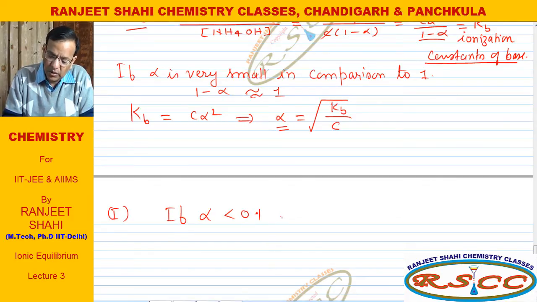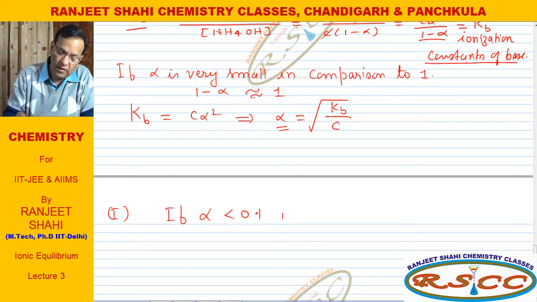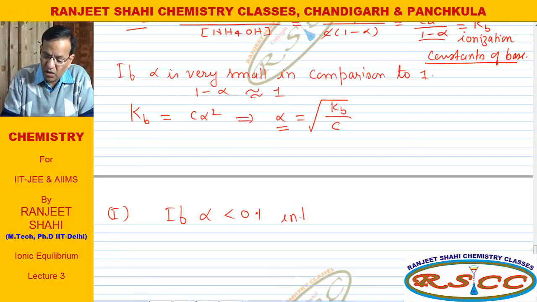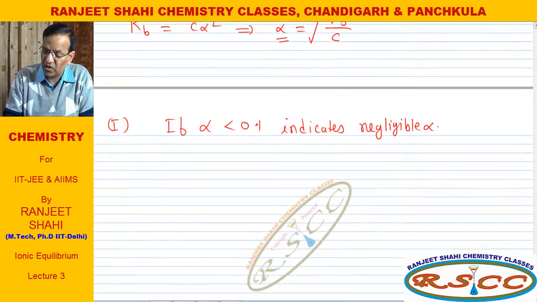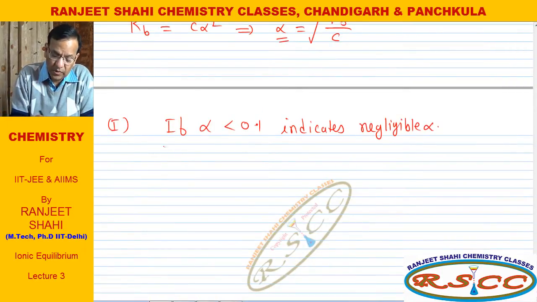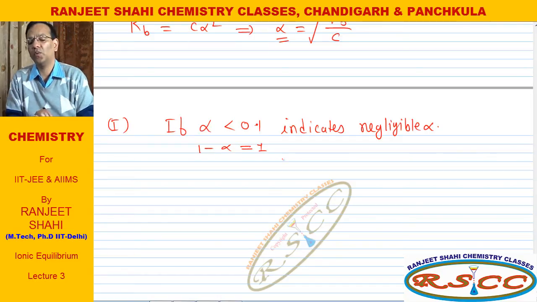So, alpha is negligible. With this assumption, when alpha is negligible, 1 minus alpha can now be taken equal to 1.